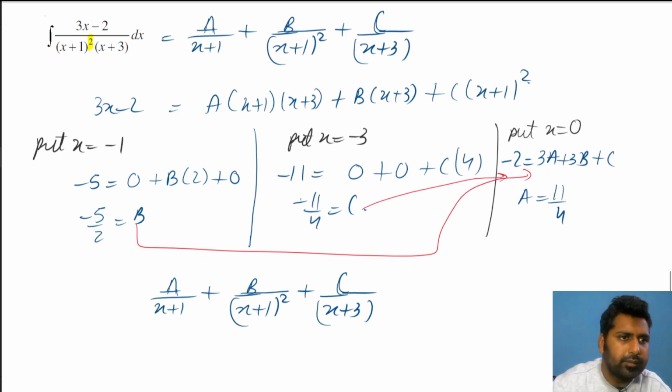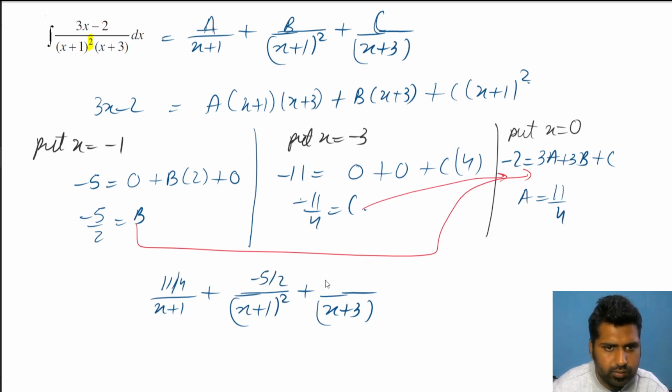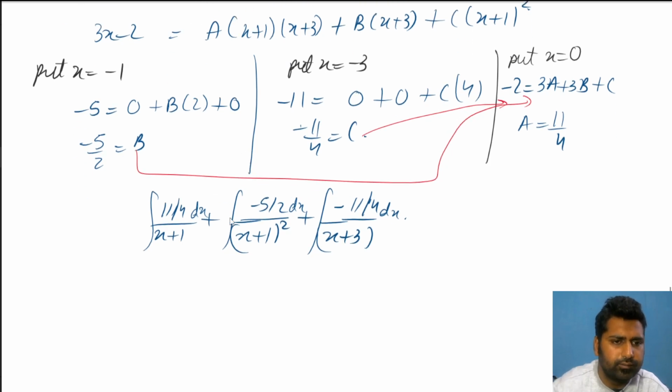We have to integrate. I'm replacing the value of A, B, C. A is 11 by 4, B is minus 5 by 2, C is minus 11 by 4. Now we have to integrate, dx. So 11 by 4 is a constant, log mod x plus 1.